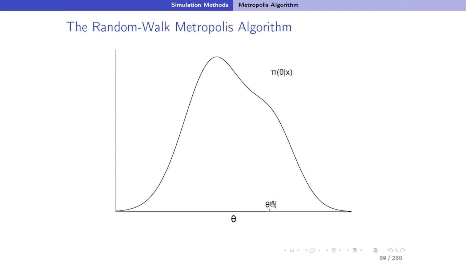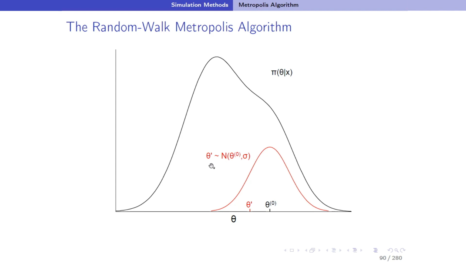So what I do is I start with some guess of an initial value of theta. Then I randomly draw, centered where I am, from a normal distribution with mean theta 0 and standard deviation sigma, and I get a theta star.